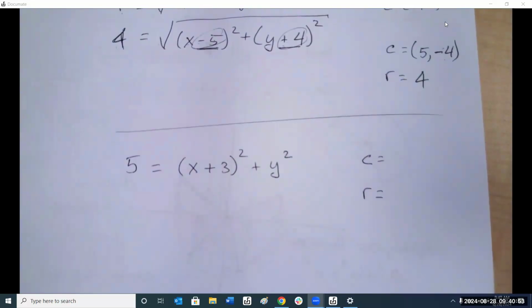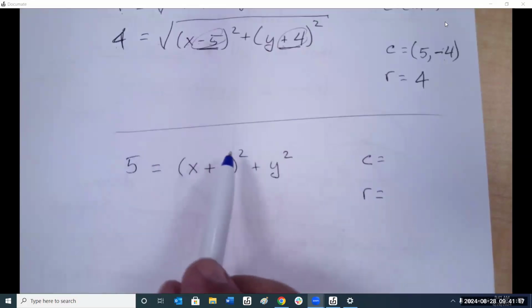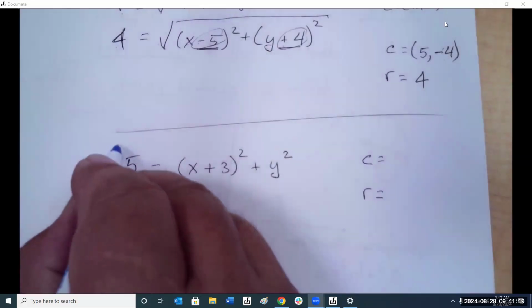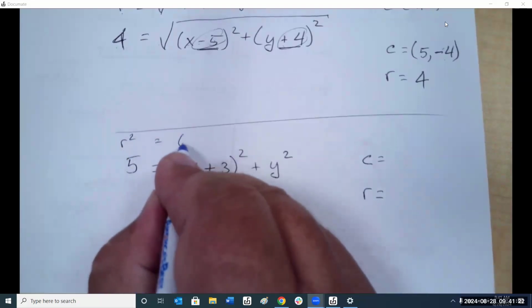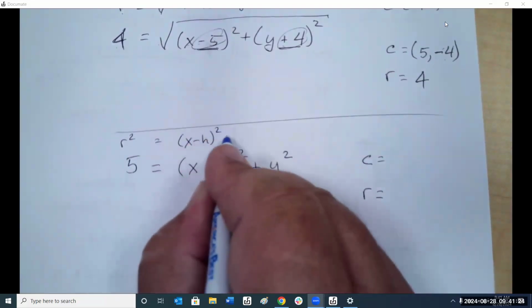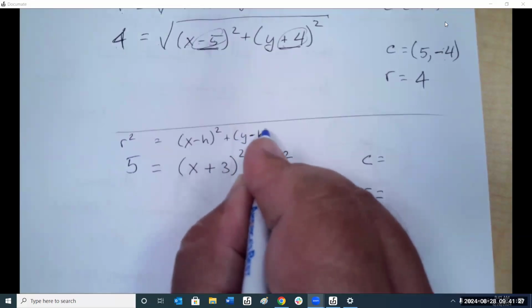How about this one? Find me the radius, find me the center. No. Said it, and I immediately realized, because remember, this one doesn't have a radical over here, so it's r squared equals x minus h squared, y minus k squared.